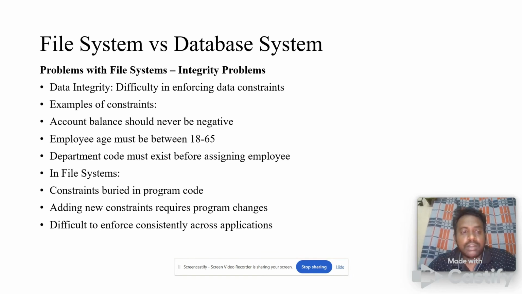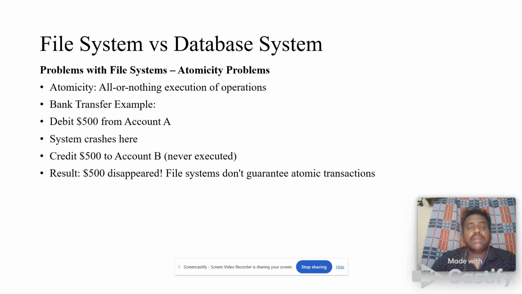The constraints have to be enforced in special code. If you want to retrieve particular data, we need to write special code, so it is very difficult to enforce across multiple applications. The next one is the atomicity problem.